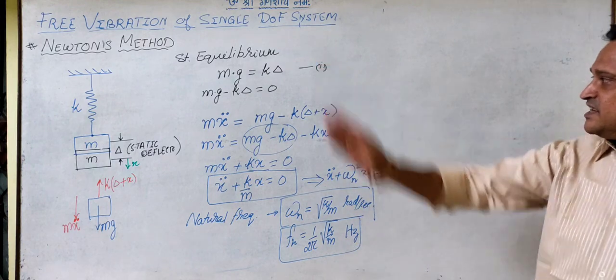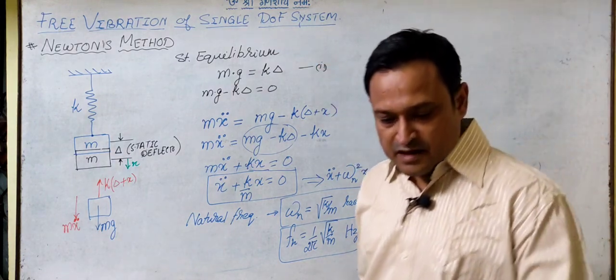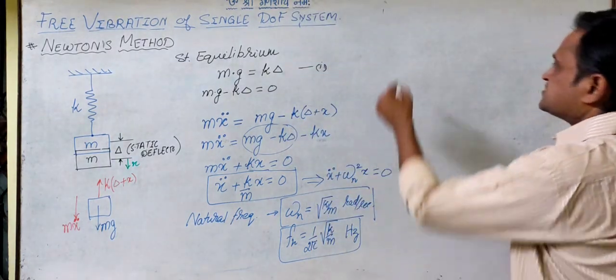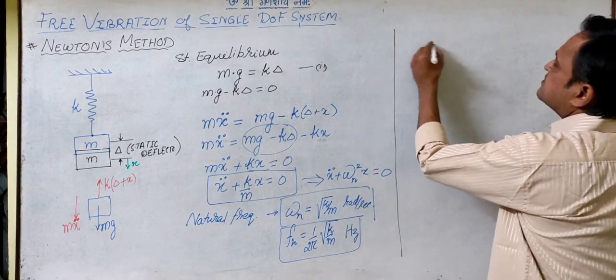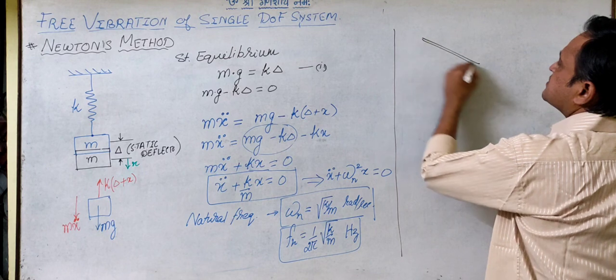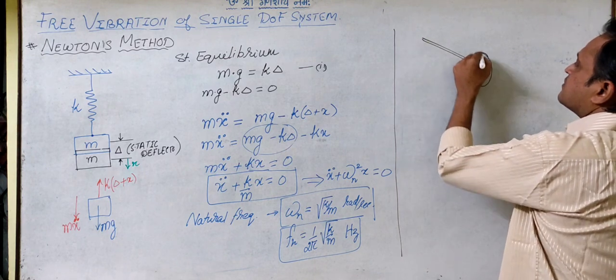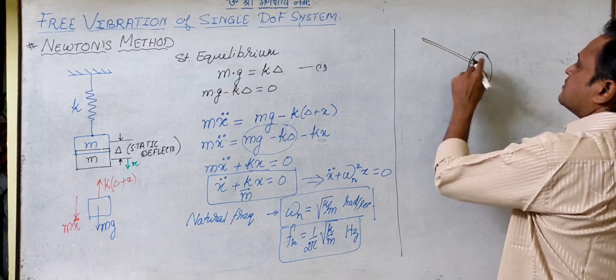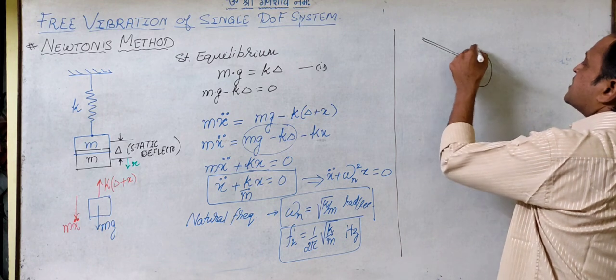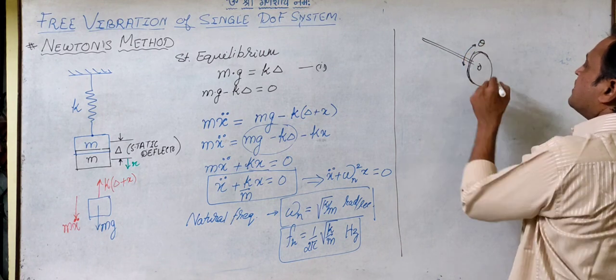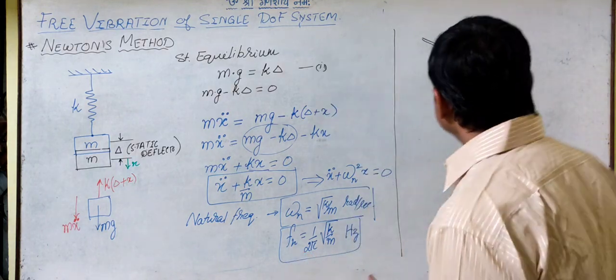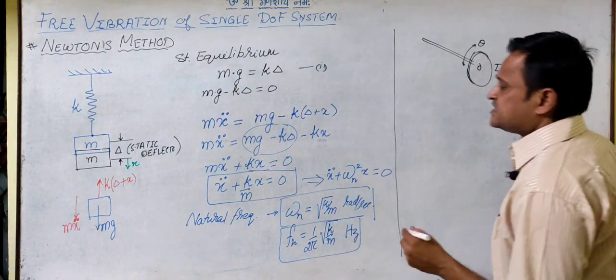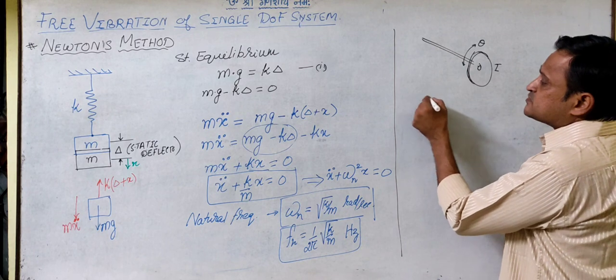Now these are the linear systems. Now if you see an angular system, say there is a system which is rotating by theta, having a mass moment of inertia I, we can reach this equation.